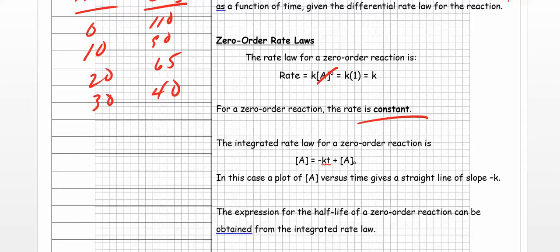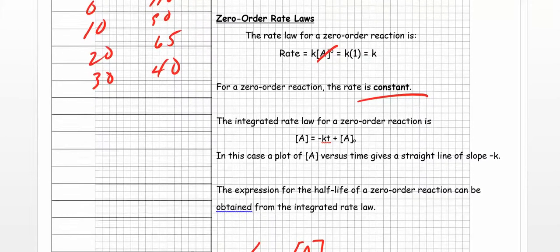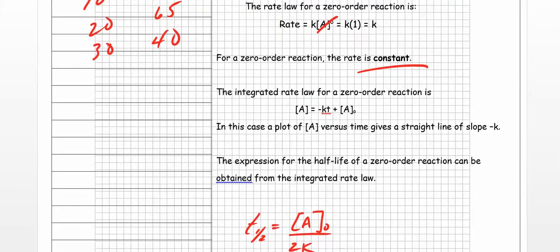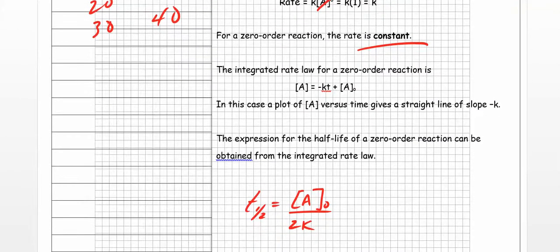So now let's talk about the star of the show, the integrated rate law for a zero-order reaction. Here it is. Ready? It is the concentration of A equals minus K times t plus A sub naught.